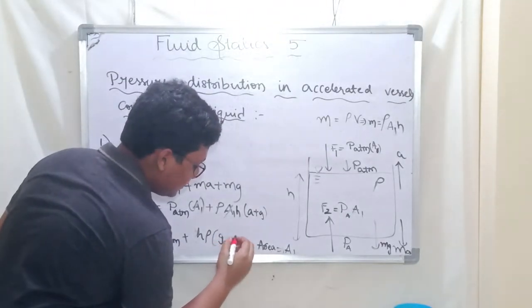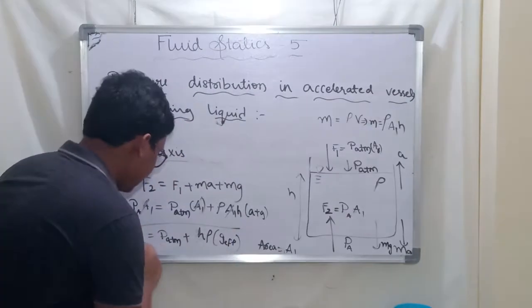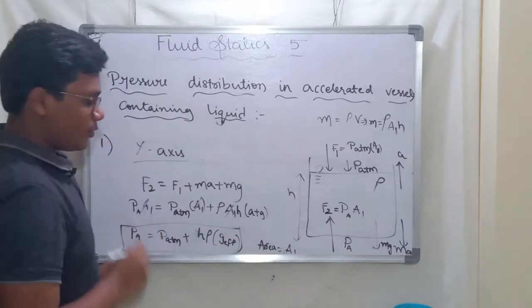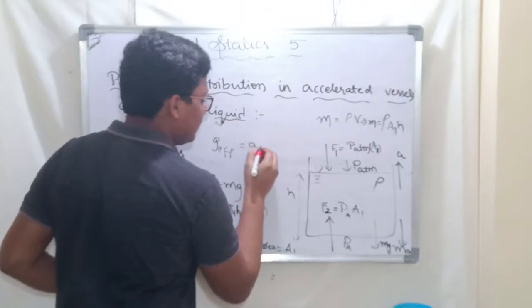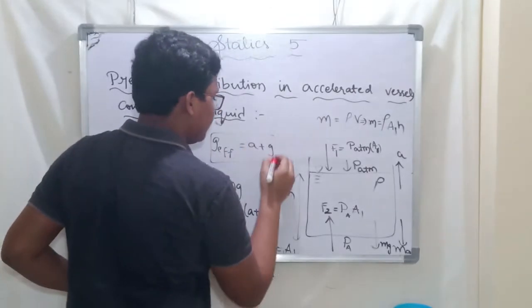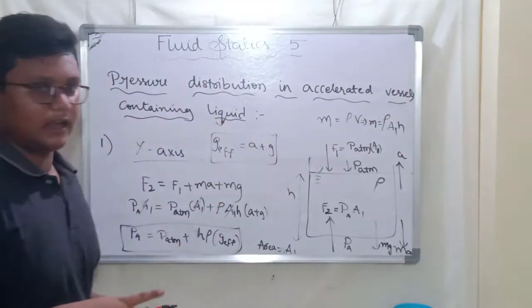G effective gravity means net gravity, like that acceleration. We can take A plus G as effective gravity here. We will call A plus G the effective gravity.